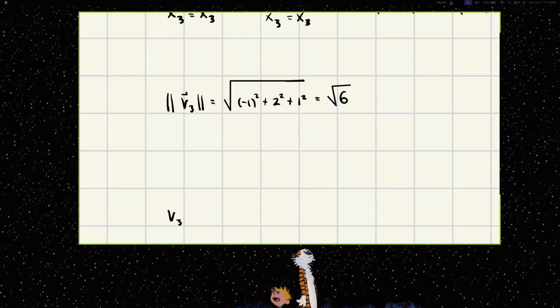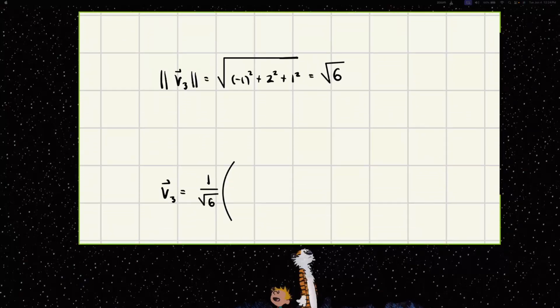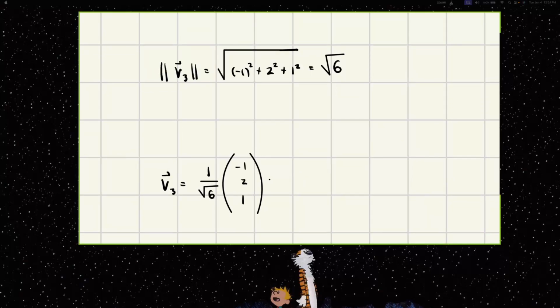So then our vector v3 is going to be 1 divided by the square root of 6 times our original eigenvector, which was negative 1, 2, 1. Okay, so this comes out to negative 1 over square root of 6, positive 2 over the square root of 6, and then 1 over the square root of 6. And this is v3.